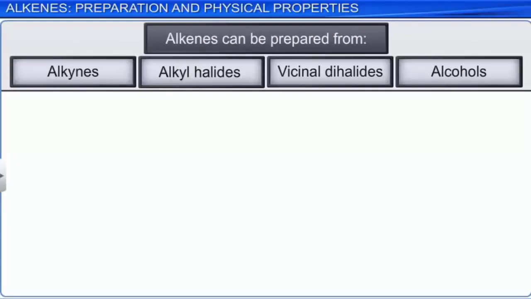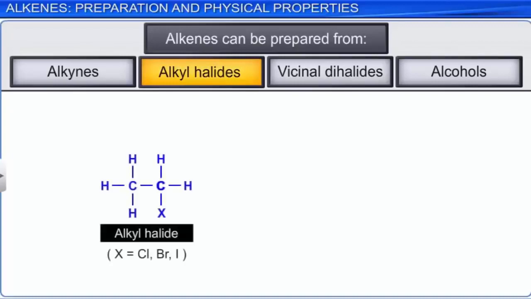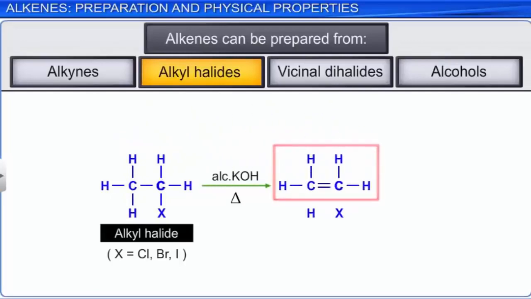Alkenes can also be obtained from dehydrohalogenation of alkyl halides. When an alkyl halide is heated in presence of alcoholic potash, it gives an alkene and one molecule of halogen acid is eliminated in the reaction.